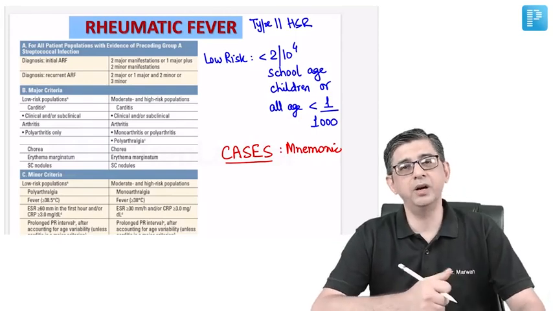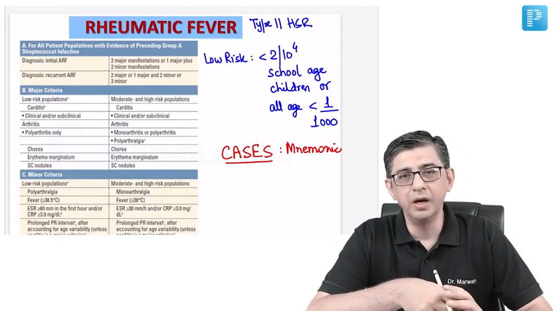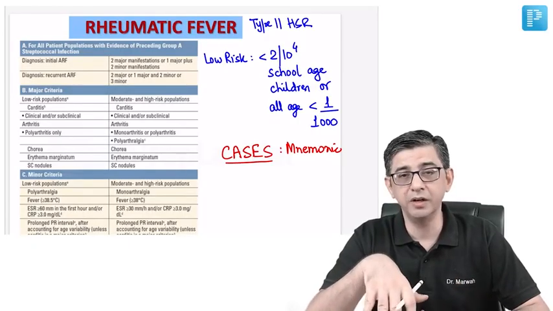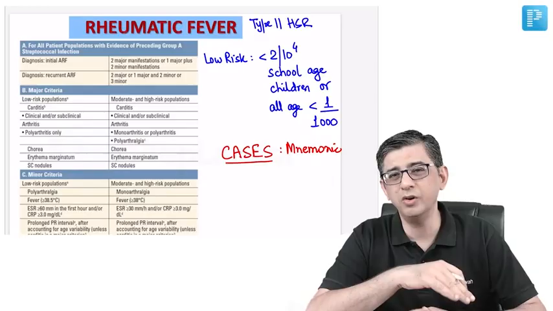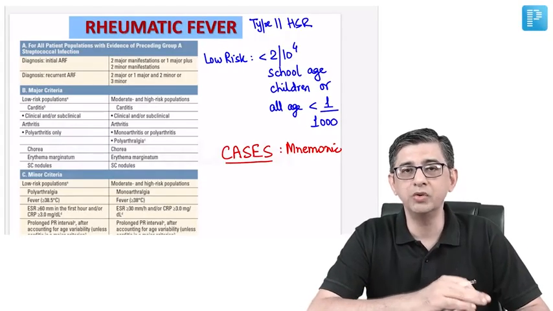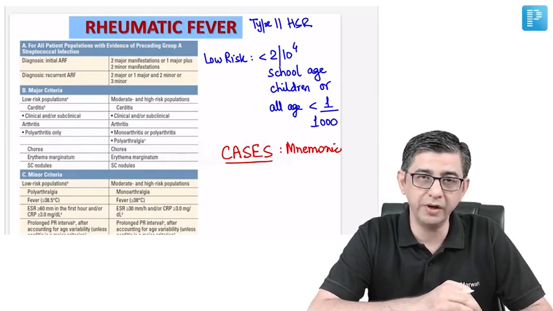High risk population would be a country like India where incidence of sore throats would be more, and low risk would be like America. And just to give you a basic underline before I mention the definition of low risk per se, which is anyway on the slide, let us assume an Indian patient who has one of the features of rheumatic fever, that is migratory polyarthritis.